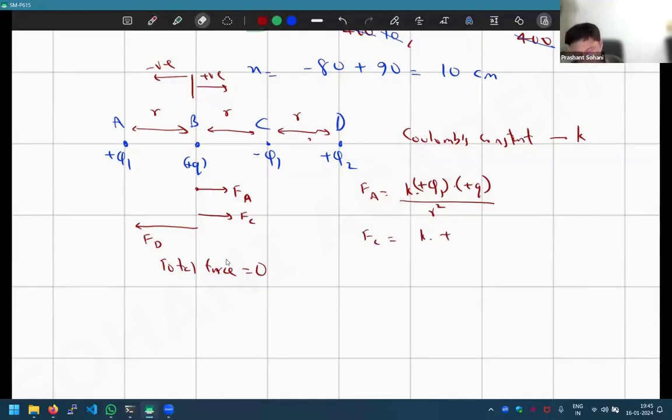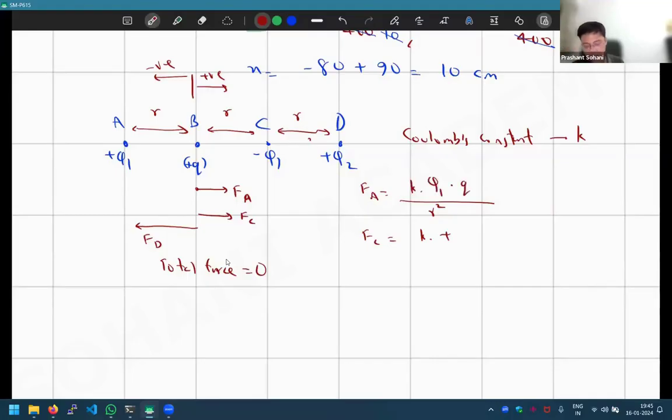Okay, so I think here instead of writing the signs of the charges in the expression itself, let us leave that out because we already know that FA is positive, right? So I'm going to denote it that way only. So instead of writing the plus here every time, let me just write it as Coulomb's constant into the magnitude of the charges. So the first Q1 into Q upon r square.